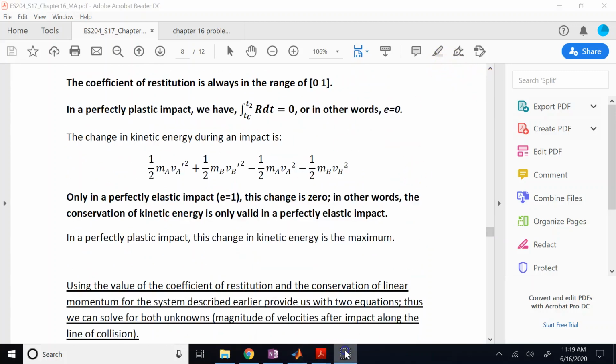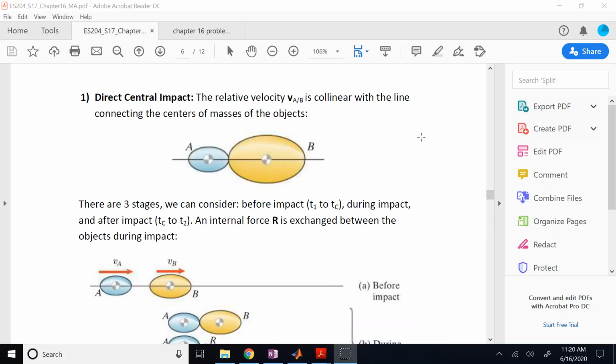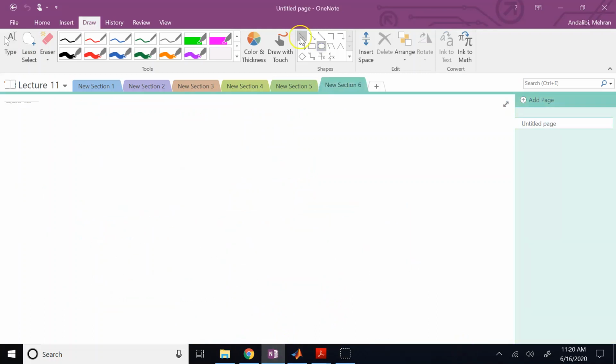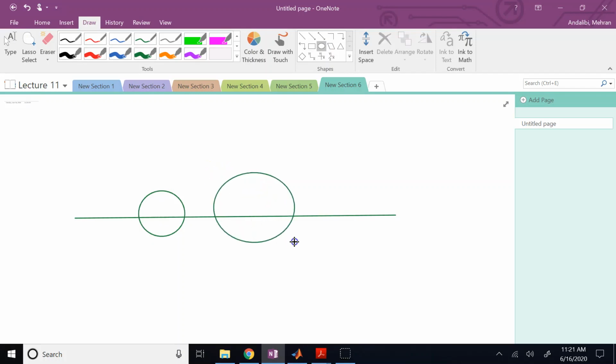The difference is this. So in direct central, the relative velocity between the two particles is collinear with the line that connects the centers together. So here, this is the line along which the impact is happening. This is particle 1 and this is particle 2. And let's say they are moving head-on directly toward each other.